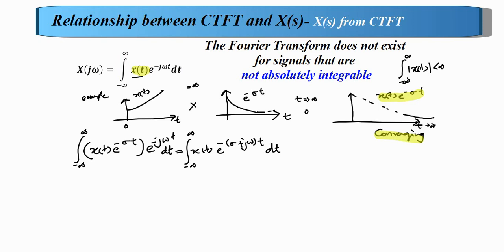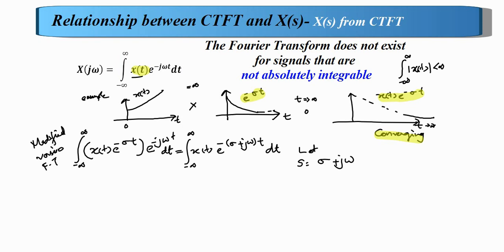It's a modified version of the Fourier transform, slightly multiplying the signal with e raised to minus sigma t. Here we got a quantity sigma plus j omega. So I will substitute: let sigma plus j omega be equal to s.